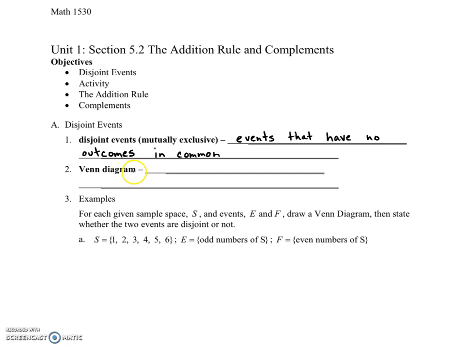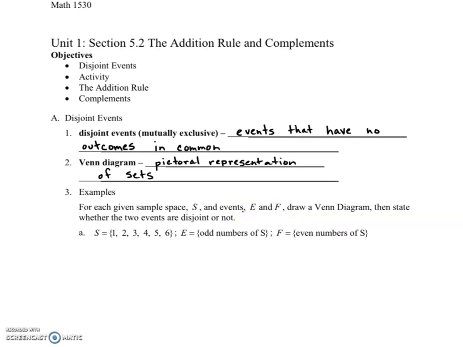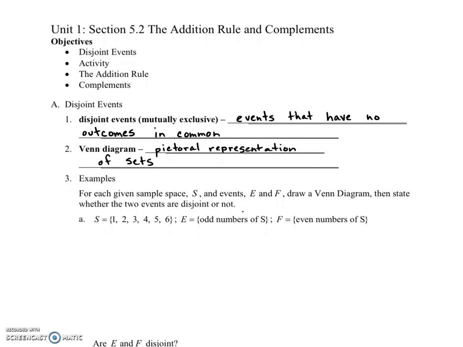So we need to talk about Venn diagrams also. A Venn diagram is just a pictorial representation of sets. So for example, if I have the sample space S and events E and F, and I need to draw a Venn diagram of those and then decide whether or not the events are disjoint.